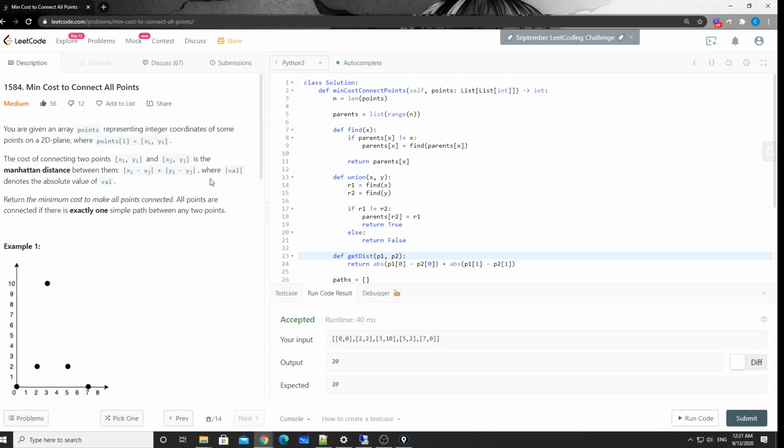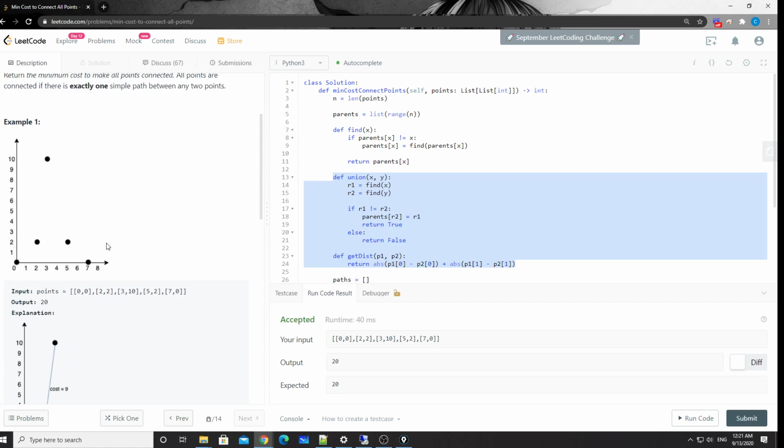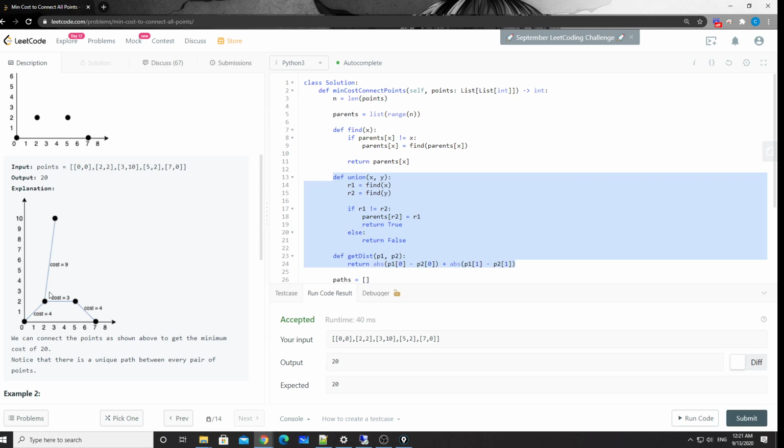It follows the intuition of this problem. We need to use union find to help us determine when to union those two nodes, because the way this problem asks us to connect those points is essentially the same thing that union find is doing.